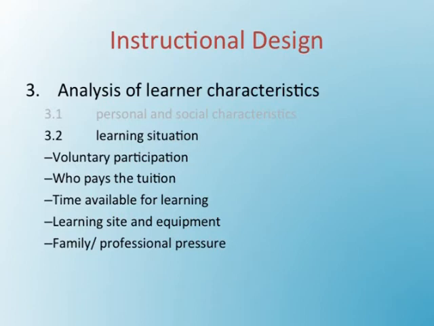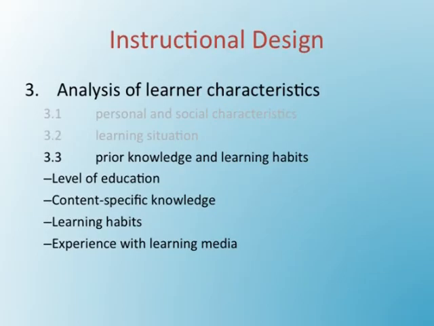Learning situation, so voluntary participation, who pays the tuition, time available, learning site, family. I think these are given even in the traditional courses. What else? Prior knowledge and learning habits. So I think these are also similar to what we already know.